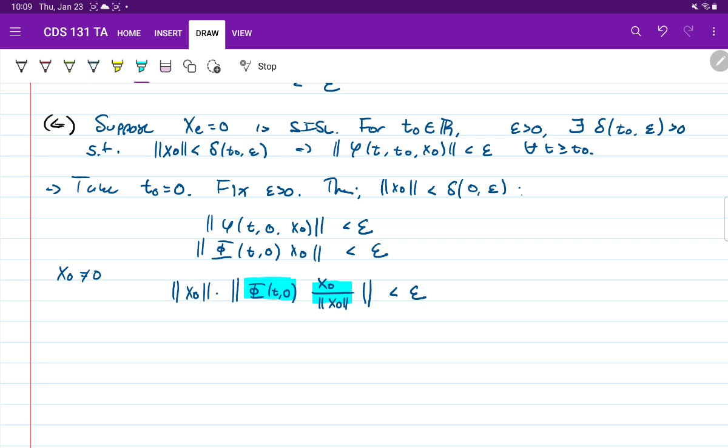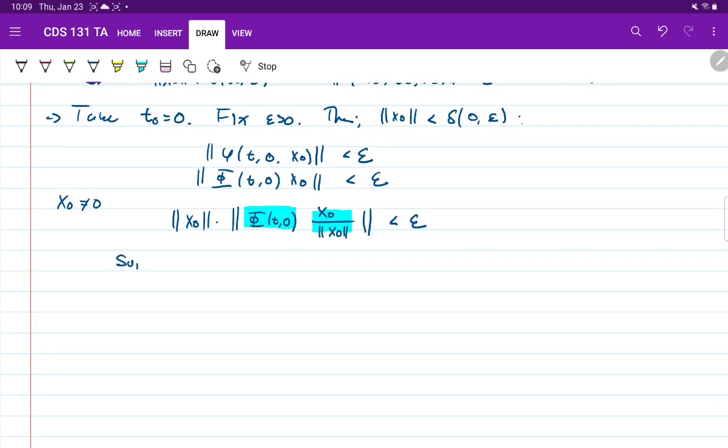So I take the supremum over norm x naught less than delta of 0 comma epsilon, x naught non-zero, of norm x naught times the norm of phi of t comma 0 times x naught over norm x naught, less than epsilon. Now this first term is clearly maximized by taking norm x naught approaching delta of 0 comma epsilon, so we can just replace it directly by delta of 0 comma epsilon.